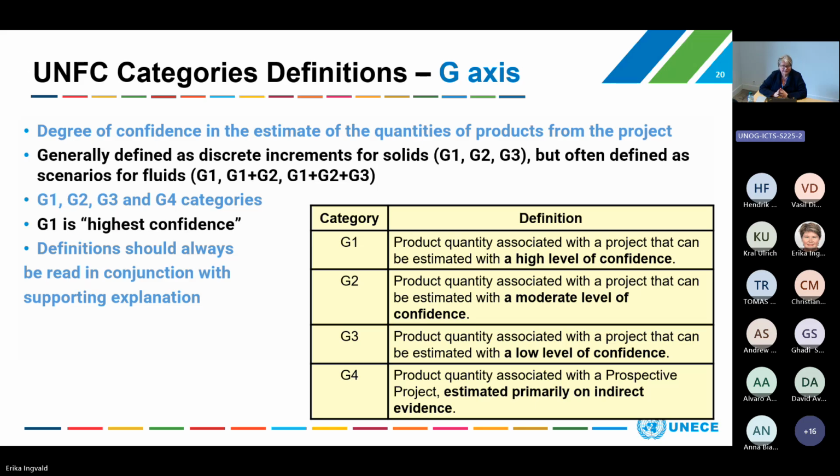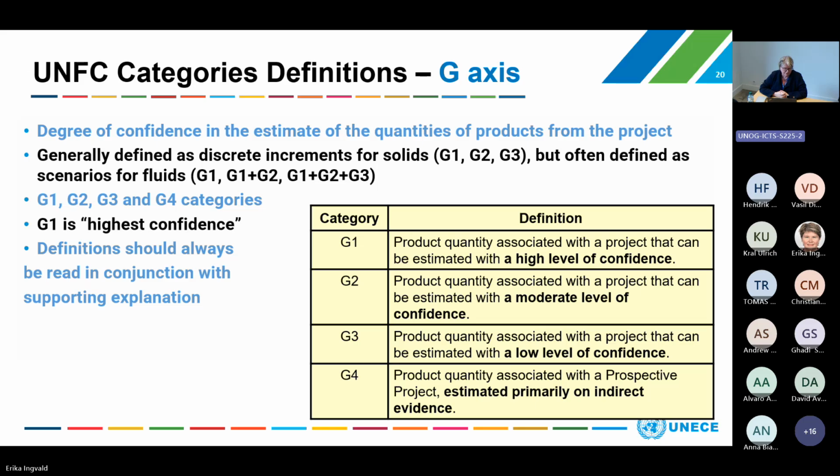So I think a lot of primary products are using the discrete increments, whereas recycling is often used with a fluid way of doing it, because you have streams of materials coming from somewhere, so it could be looked upon as a fluid.